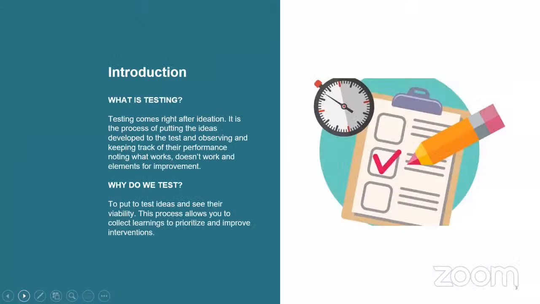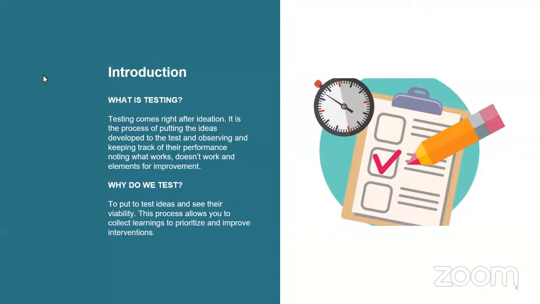So testing, as you can see, comes right after ideation. And it is the process of putting ideas developed to the test and observing, keeping track of their performance, noting what works and what elements need improvement, which is what I've told you according to the vending machine.